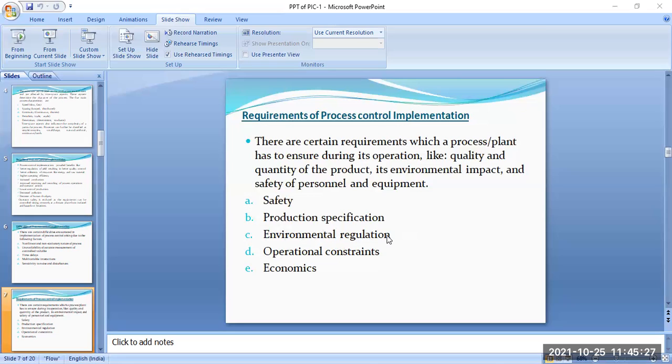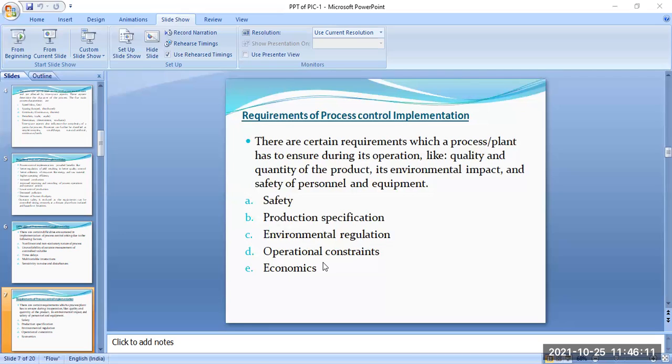In no case should the plant effluents, since the plant uses different types of material, either solid or liquid or gaseous form, exceed the limit decided by the state rules or state laws or federal rules of any nation. So we have to follow the environmental rules and regulations, and this should not cause air pollution or soil pollution or water pollution also.